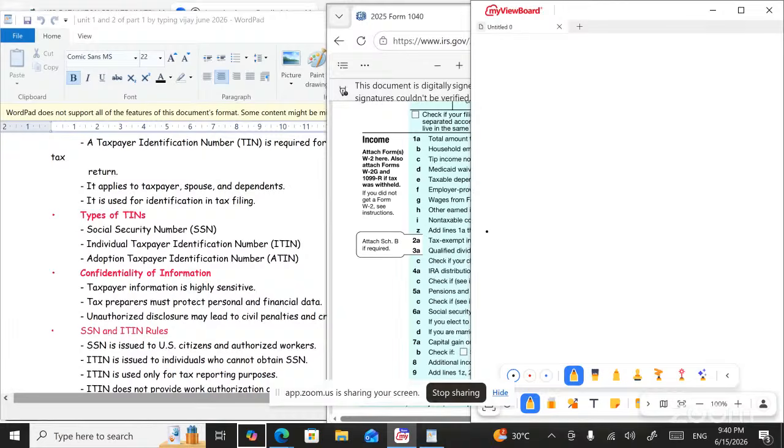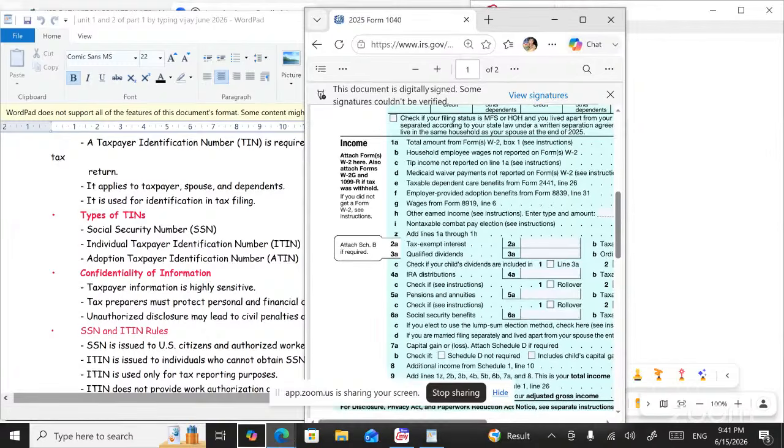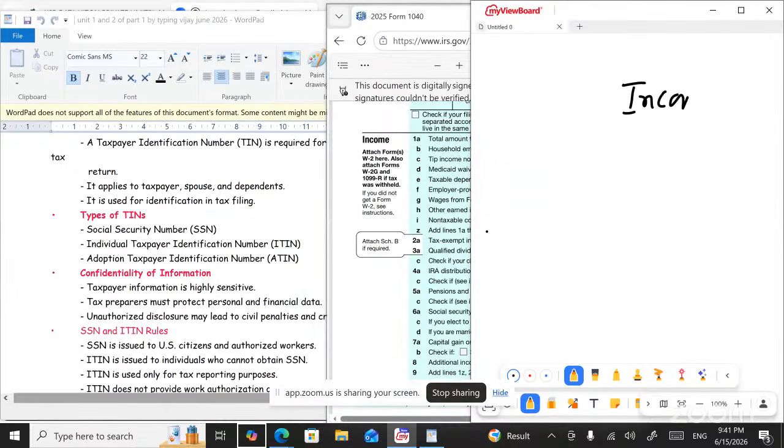Similarly, in the case of IRS, Form W2 will be issued by the employer to his employees. That is the base for the employee to file his return. For any person having any income, the income supporting documents are divided into 2 types.